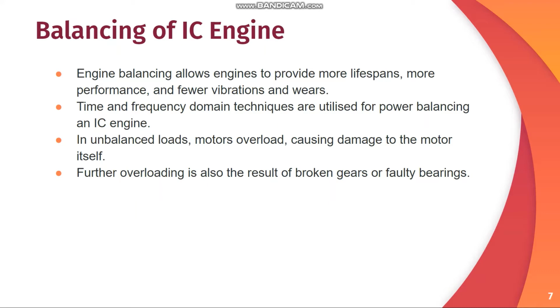It essentially tries to balance out the net dynamic forces and moments arising during the motion of the engine at every point in the cycle. If the engine is unbalanced, the motors overload, causing damages to the motor itself and eventually engine failure.